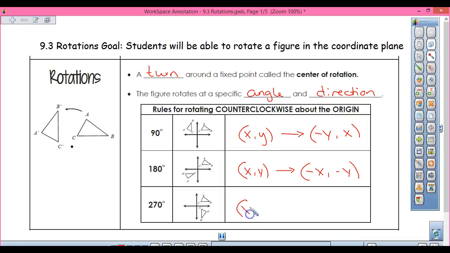And 270 degrees is going to be (x, y) maps onto (y, negative x).